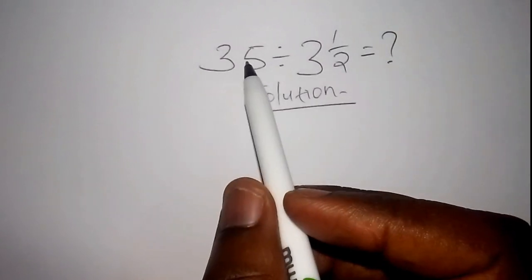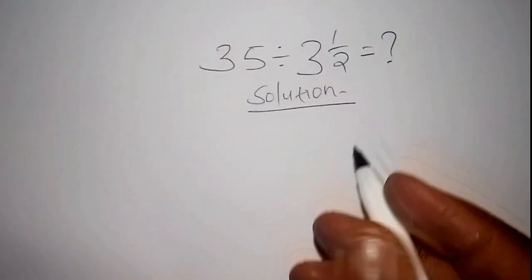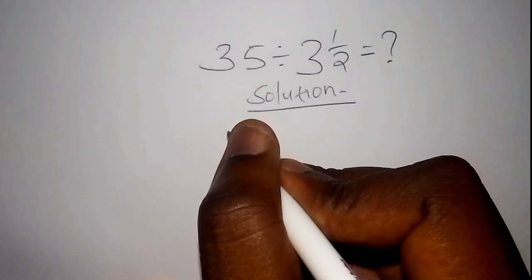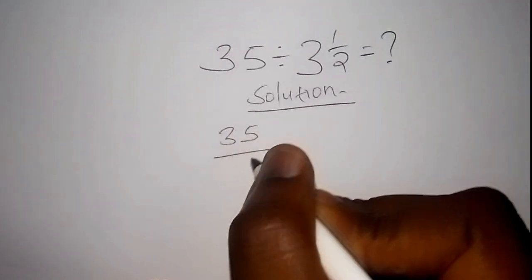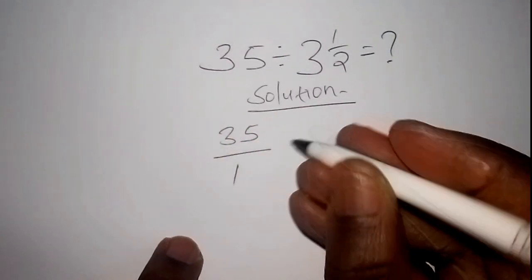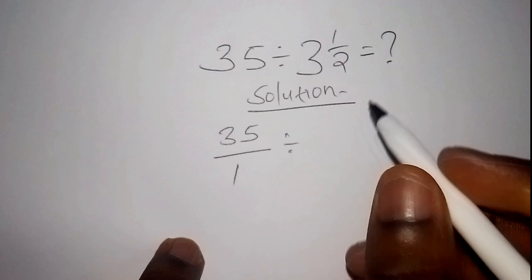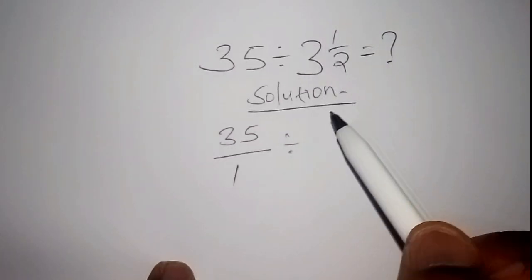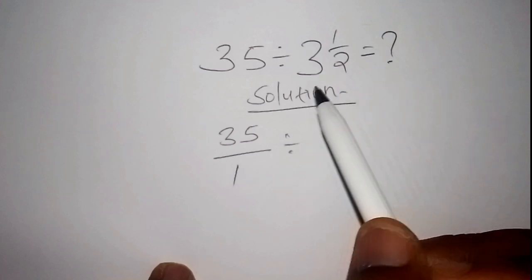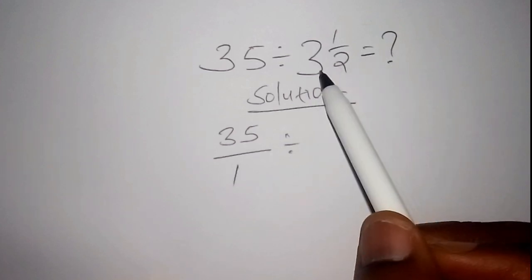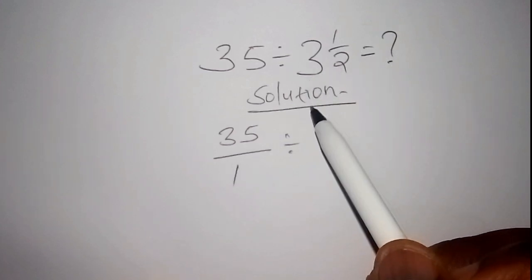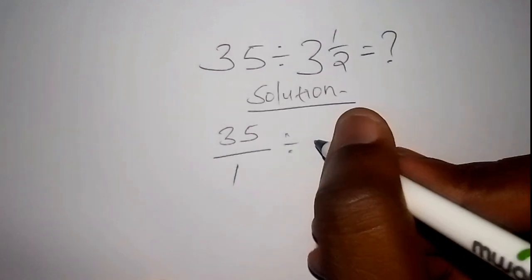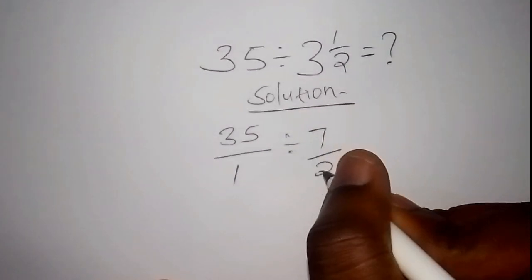This 35 whole, we also want to put into a fraction, so we shall have 35 over 1. Then divided by 3.5, which we change into an improper fraction. How do we change it? Just have 2 times 3, which is 6, and 6 plus 1 is 7. So here we shall have 7 over 2.